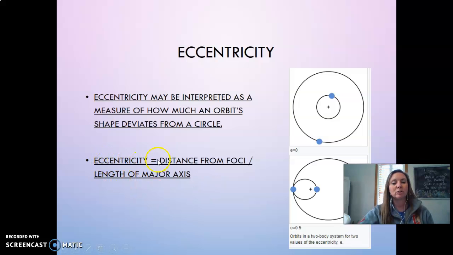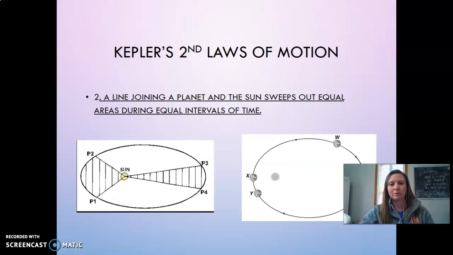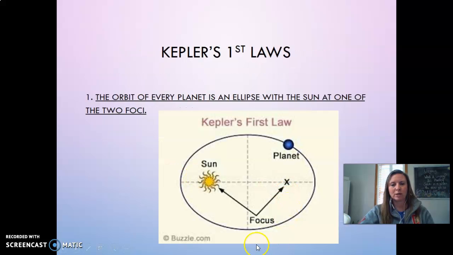But the eccentricity, how we find that is we find the distance between the foci, and then we divide that by the length of our major axis. So let me go back to this picture right here. So this would be our distance between our 2 different foci. And then this dotted line that runs from this side of the ellipse all the way to this side of the ellipse, that would be our major axis.